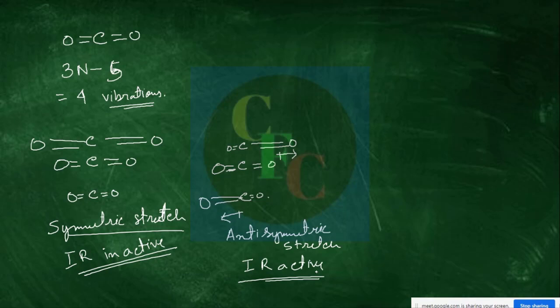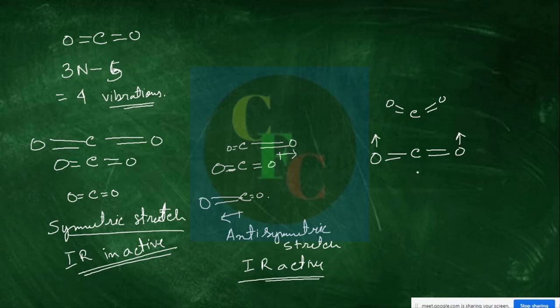Now these are the 2 stretches possible. Let us see the other one, that will be bending. This is the carbon dioxide. Suppose you are bending it on the plane of the paper. So something will happen like this, right?